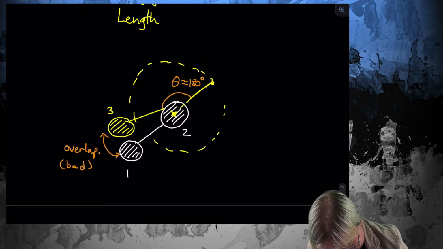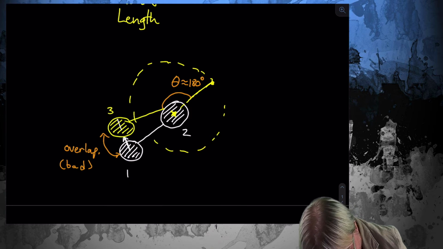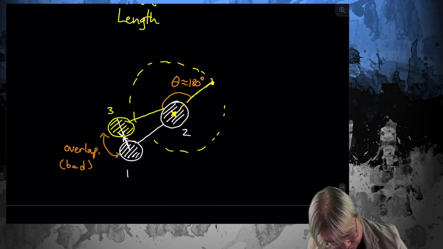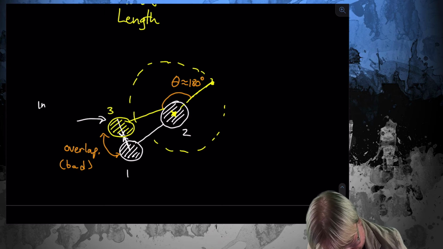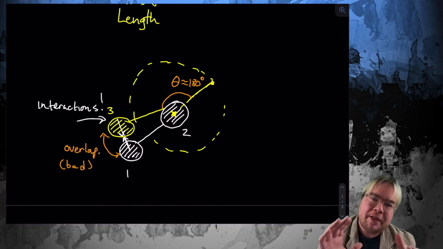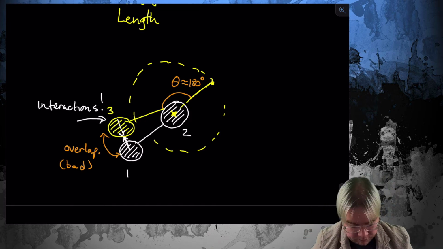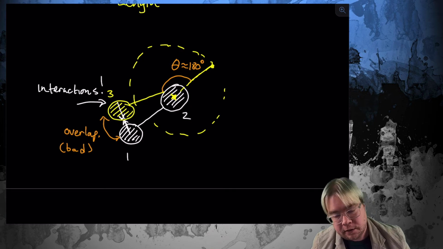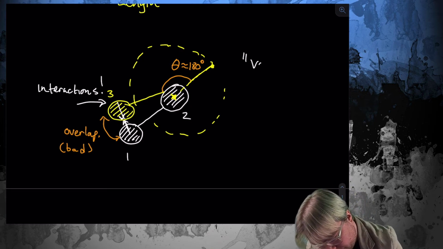So what's actually happening in real life is these monomers here are going to interact with each other. So this effect here, there are interactions. These things can't overlap with each other. There's some volume that's going to be excluded.